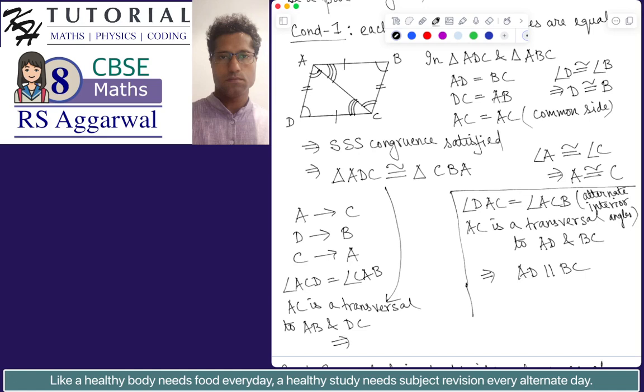So we can say that AB has to be parallel to DC.